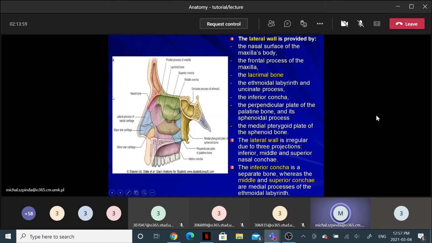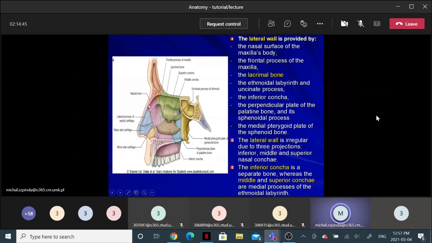And the lateral wall is very sophisticated, but it becomes much easier if you remember that the lateral wall of the nasal cavity is medial to the orbit, to the pterygopalatine fossa, and to the maxillary body, because this means that all these components must be present on the lateral wall of the nasal cavity.